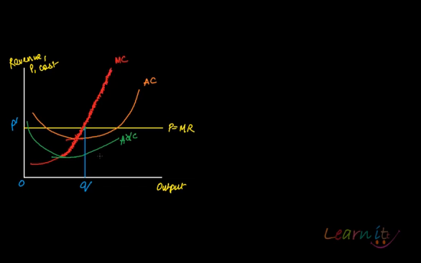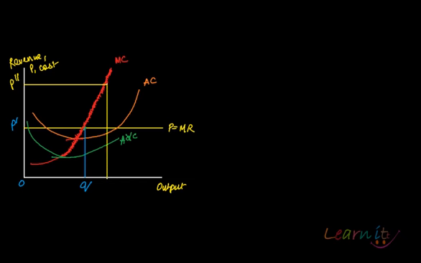Now, what is it trying to show? It is trying to show how much the firm is able to produce for every market price. Say, for example, the market price becomes this, that is your P double dash. At this market price, how much should the firm supply?